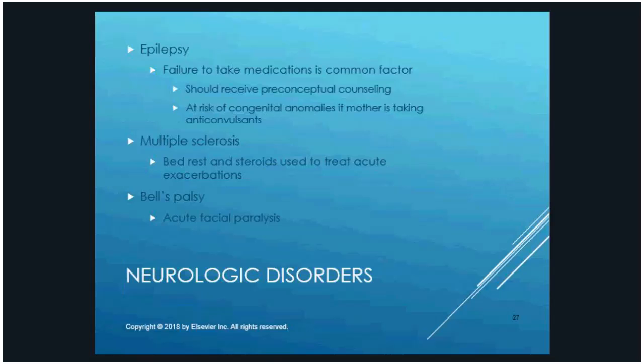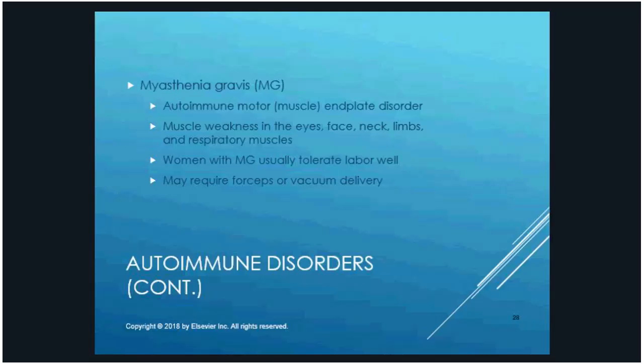Bell's palsy is acute facial paralysis. Autoimmune disorders: myasthenia gravis is a neuromuscular end plate disorder, so muscle weakness is in the eyes, face, neck, limbs, and respiratory muscles. Women with MG usually tolerate labor well and may require forceps or vacuum for delivery due to their muscle weakness.